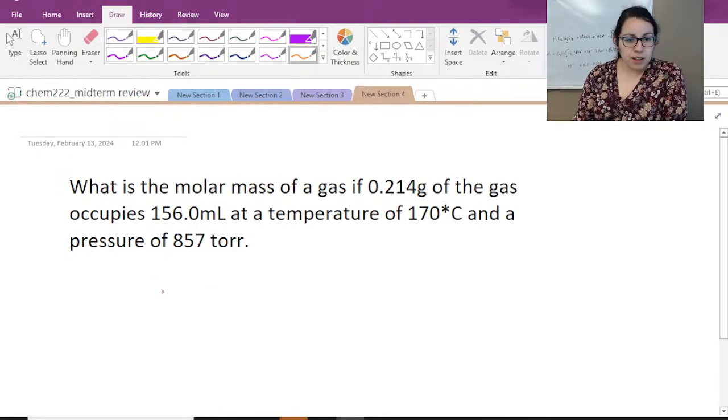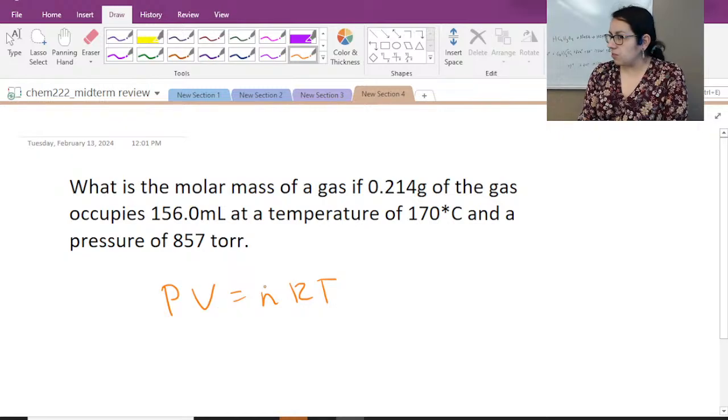Remember, with gases we only really have two formulas: PV equals nRT, or rearranging it into P1V1 equals n1RT1, etc. The only tricky part about this problem is they didn't give it to you in any normal units, so now we have to convert everything.